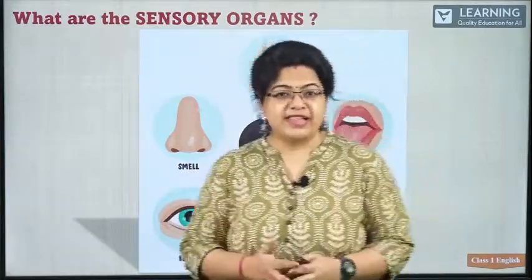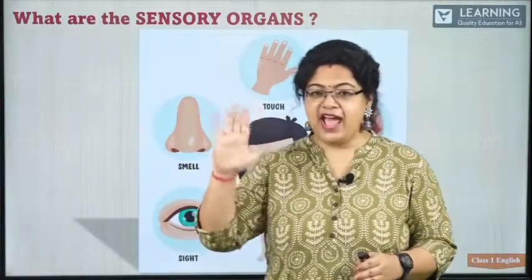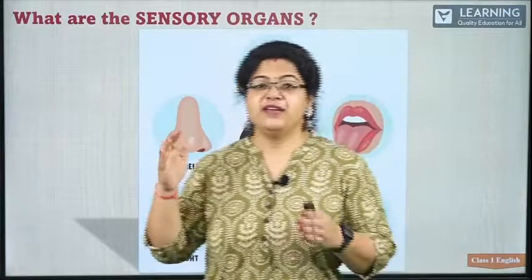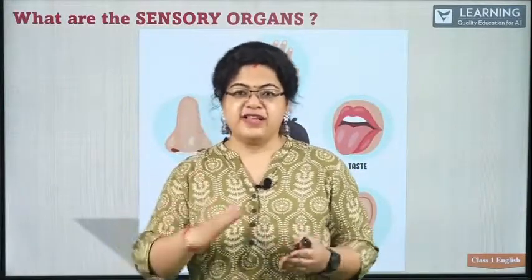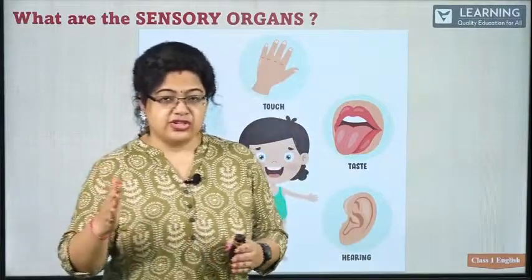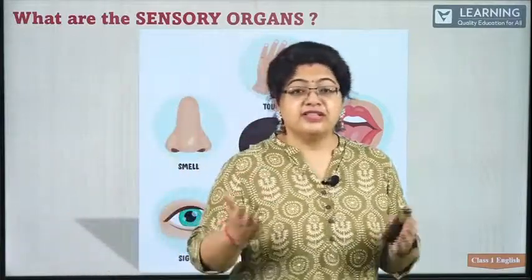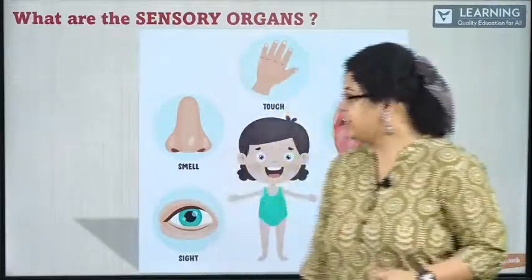So how do we feel that? Right, with our skin, hands, we touch it and we feel it. We also feel the surface rough or smooth with the touch. So touch is another sensory organ. So skin or hands.